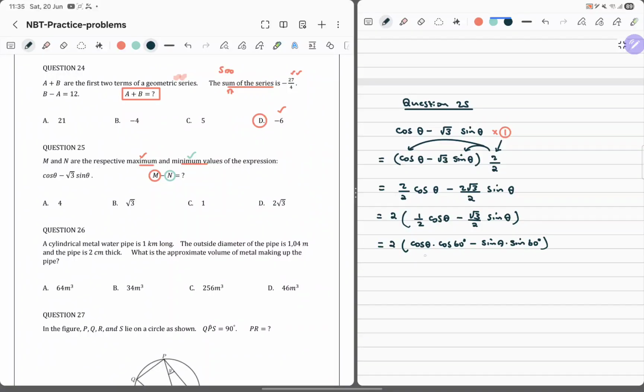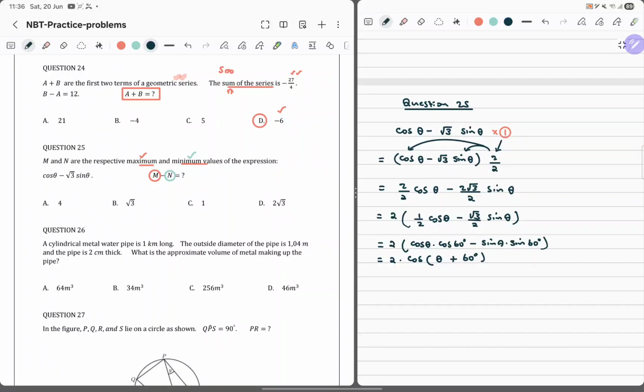So I chose the cosine compound angle identity to deal with here. So this is 2 into. Now, when we contract this, technically this is just 2 times cos of the first angle, theta. Now, when it was a negative, it changes to plus 60 degrees.